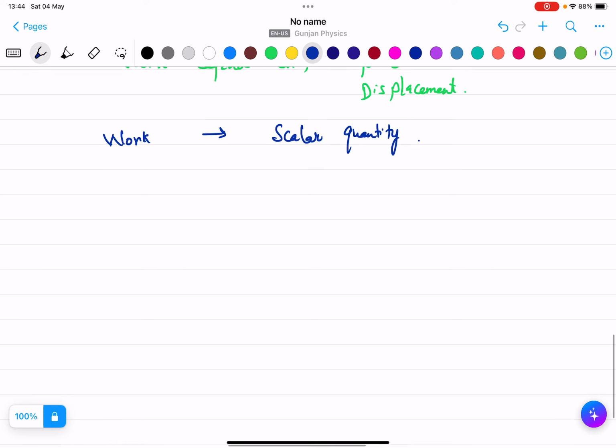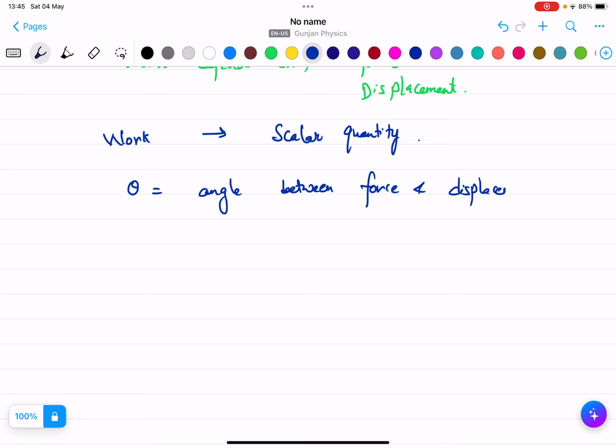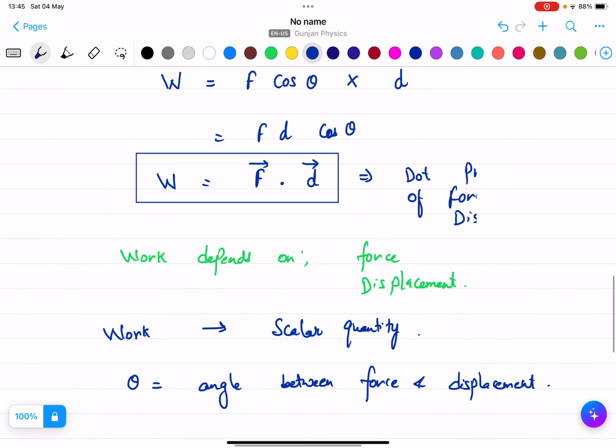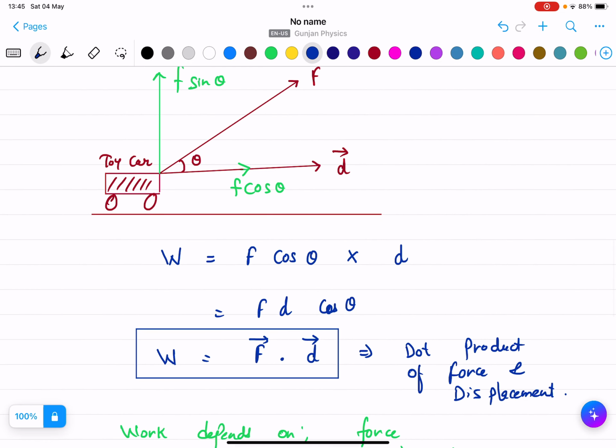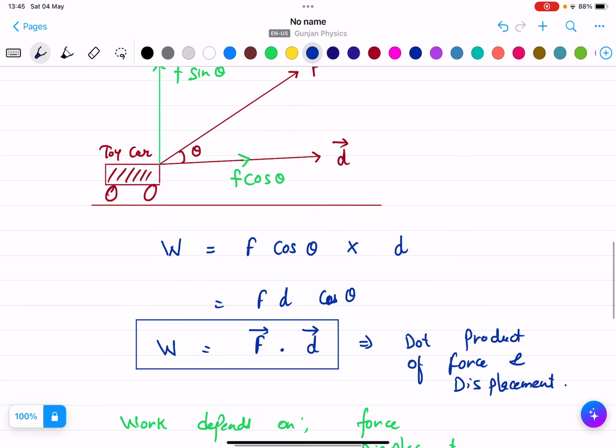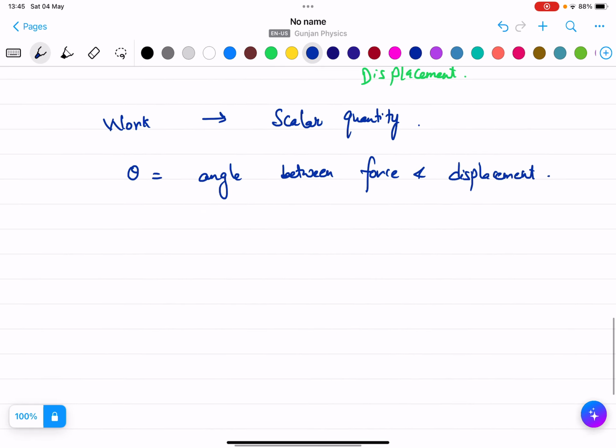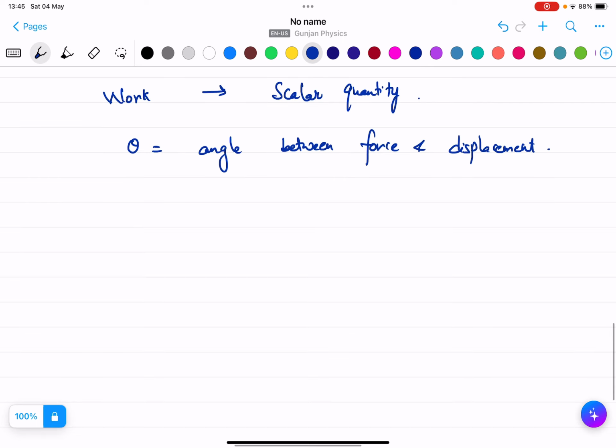And what is theta? Theta is the angle between force and displacement, as you can see from the figure.